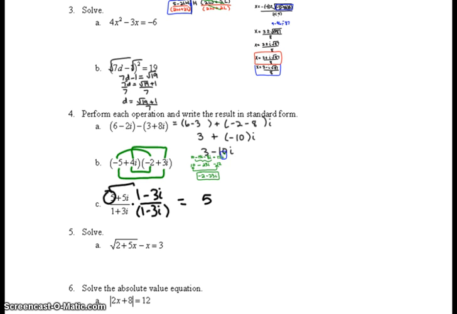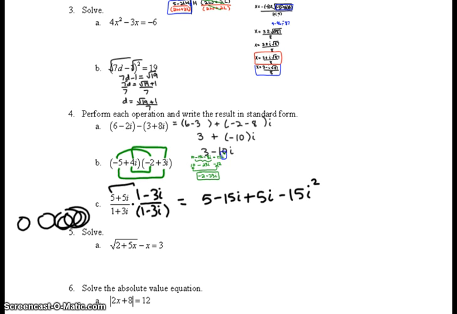Your outside terms give us negative 15i. Your inside terms, 5i times 1. And your last terms, 5i times negative 3i is negative 15i squared.